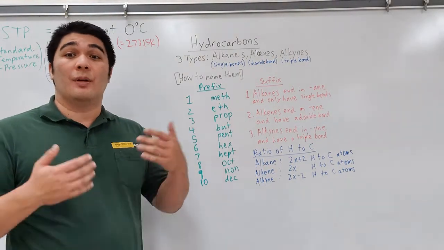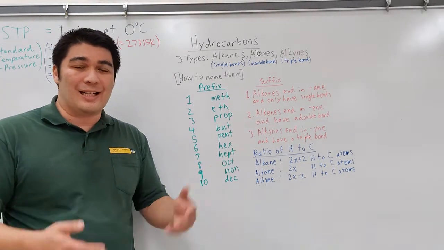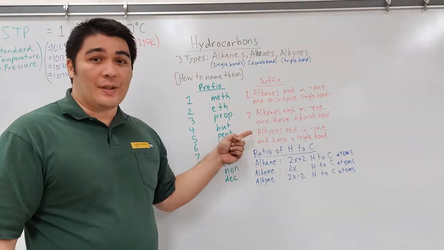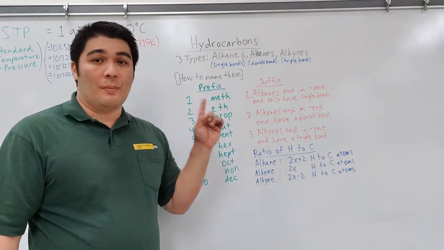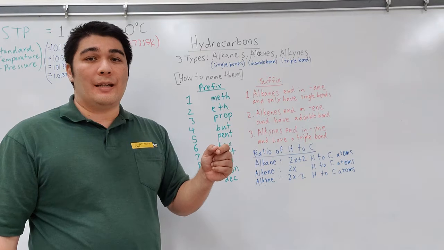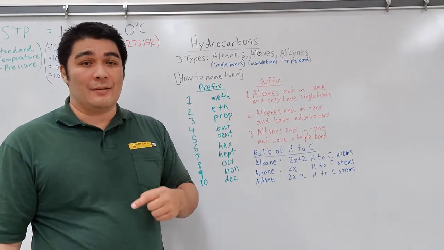Now, how do we get to the suffixes? Or how do we find out which one is an alkane, alkene, alkyne? Let's find out. There are 3 rules for suffixes. Any alkane ends in -ane. So methane is an alkane. Methene would be an alkene, and methyne would be an alkyne.